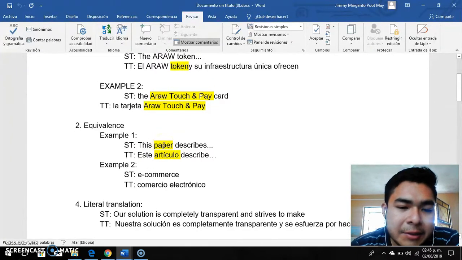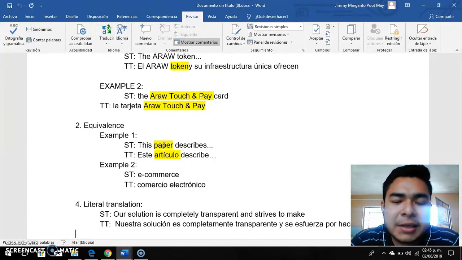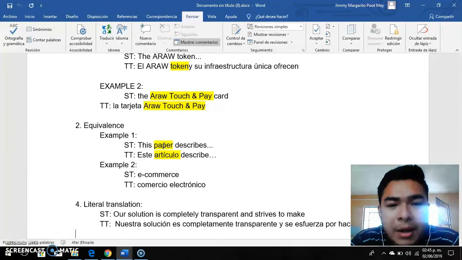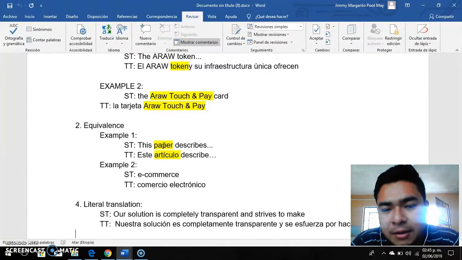This paper literally means papel in Spanish. But I had to think about what this document was about. So once I recognized that it was about an article, I translated paper as article.